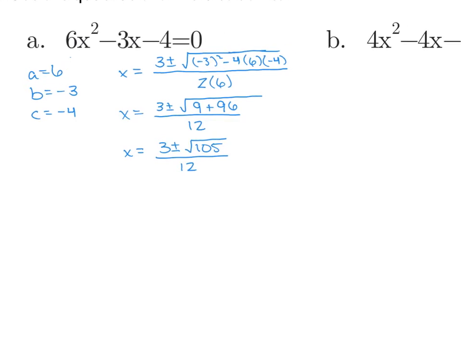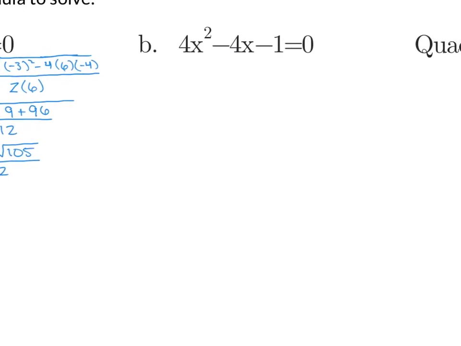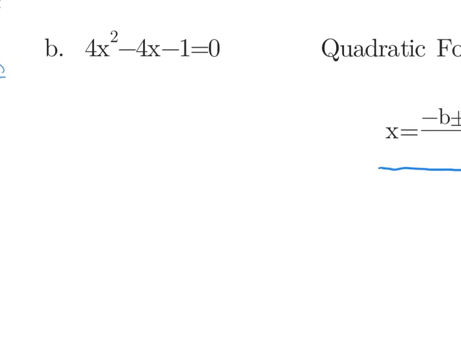Let's try one more. We have 4x squared minus 4x minus 1. First thing we're going to do is label our a, b, and c. We get a equals 4, b equals negative 4, and c equals negative 1.